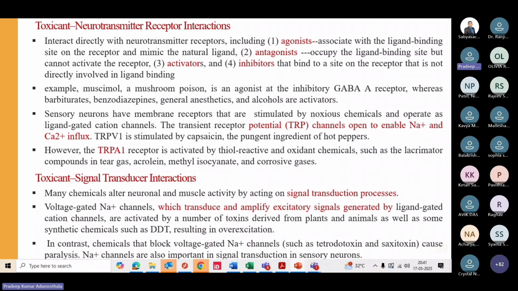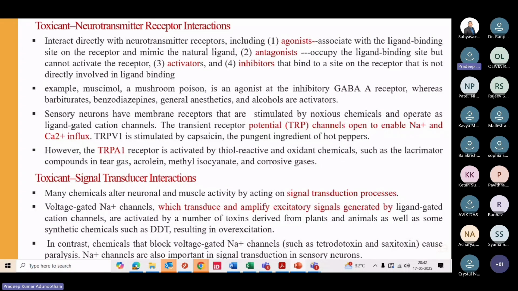An example is DDT, which comes and binds to this and alters its signal transduction, leading to overexcitation. In contrast, chemicals that block the sodium channel lead to paralysis.